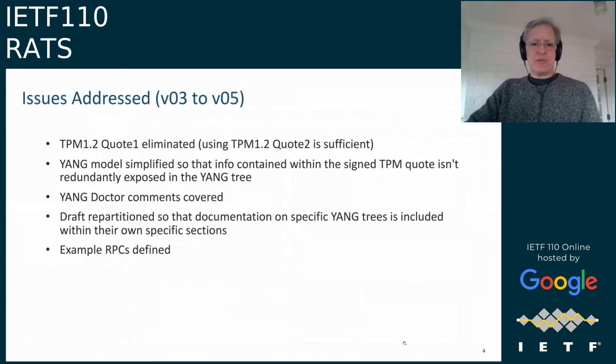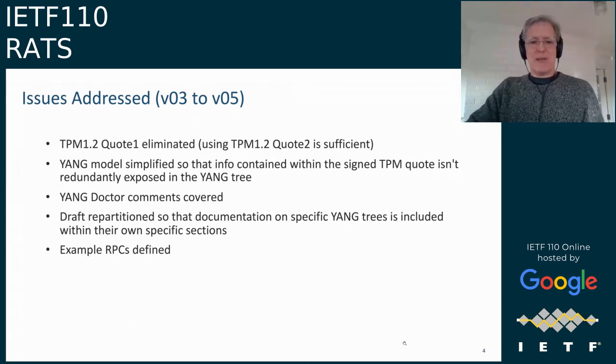There were a few issues that were addressed from version 3 to version 5. We eliminated one type of quote that was made based on an older version of the TPM. Per last IETF, we said, does anybody use TPM 1.2 quote 1? Answer seems to be no. So we just eliminated that and nobody complained. We also simplified the Yang model to pull out information from within the signature element coming out of the TPMs so that we don't have redundant information exposed in the Yang tree.